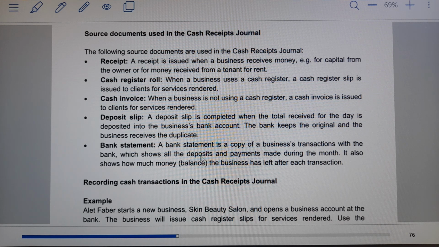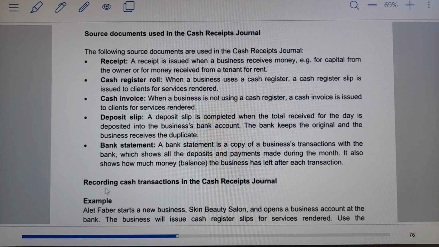So whatever you've put in and what you have put out during the month is on the bank statement. So please also know the 5 source documents that are used in the cash receipt journal. It is the receipt, the cash register roll, the cash invoice, the deposit slip, and the bank statement. And know their definitions.